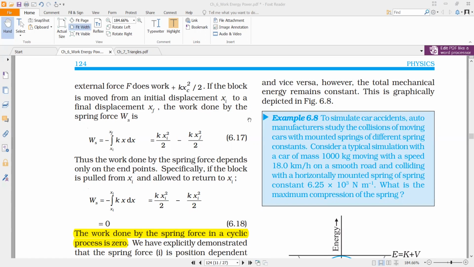So, example 6.8. Mass of the car is 1000 kg. Spring constant k is 6.25 into 10 to the power 3 Newton per meter, and the velocity with which the car is moving is 18 kilometers per hour.